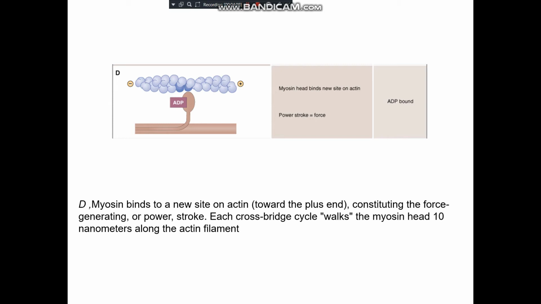So that's why it is just like walking. First it has attached somewhere here, then it has attached with this active site, next it will attach one more active site, so the head is just like walking on the active sites of the actin filament.